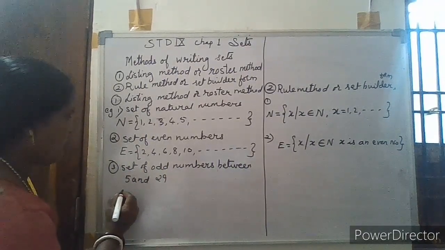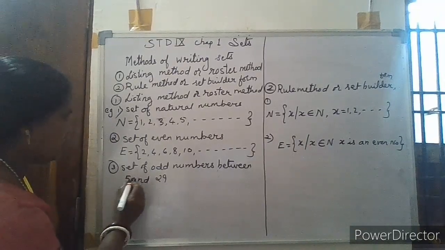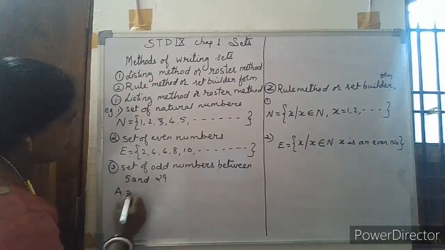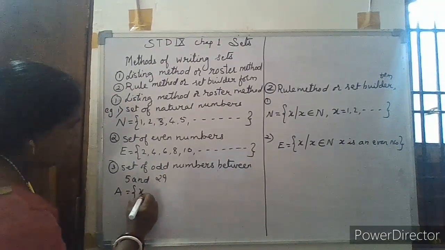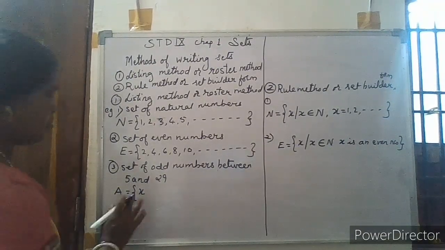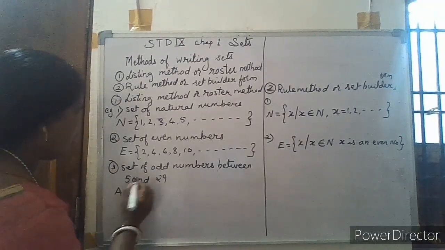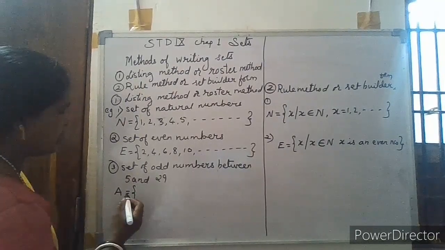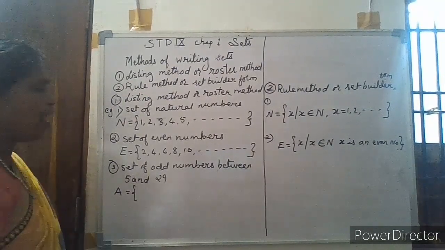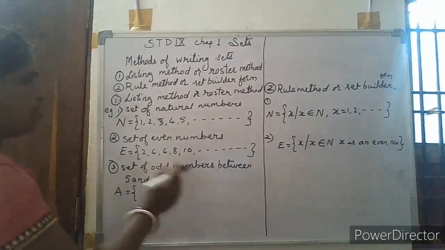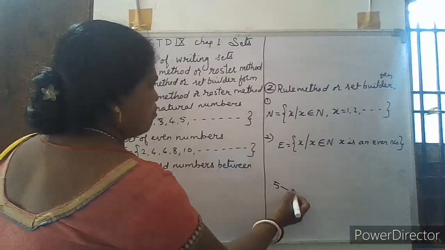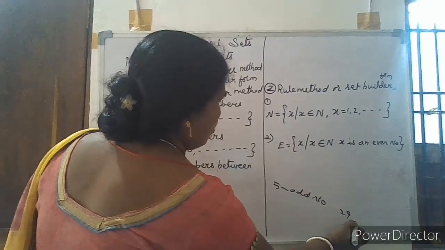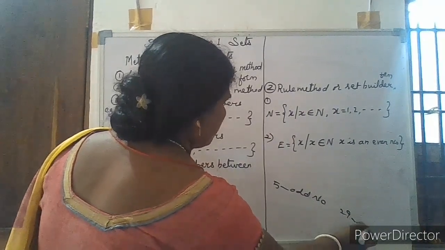I will give it any name, suppose A. Sorry. Set of odd numbers between 5 and 29. Between 5 and 29, when we talk, 5 is also an odd number. And even 29 is also an odd number.